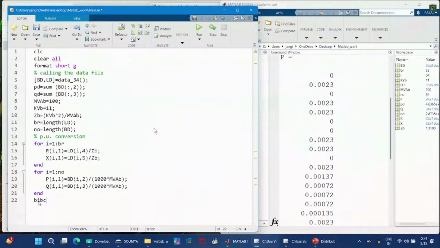So here I write BIBC is equal to initially zeros of.